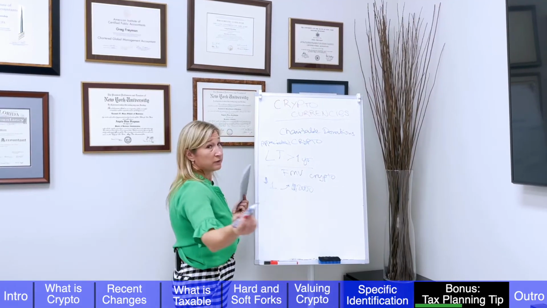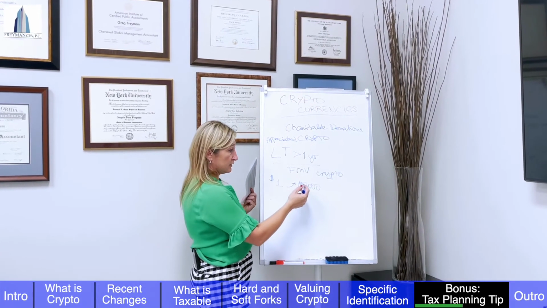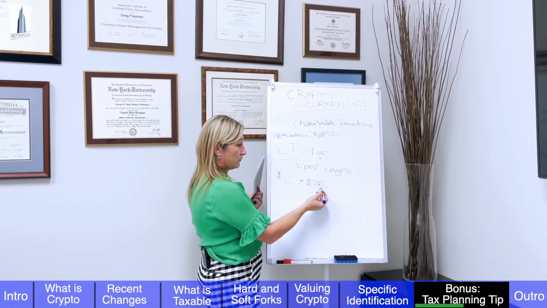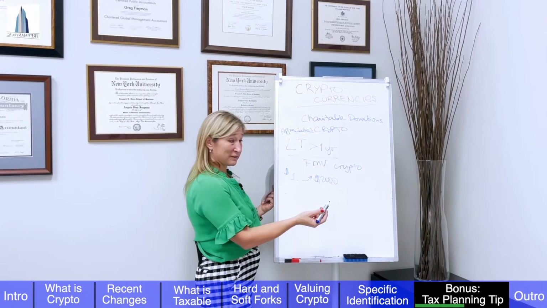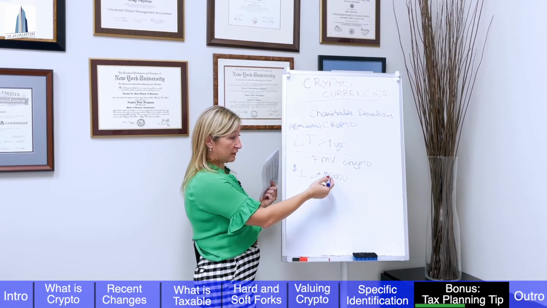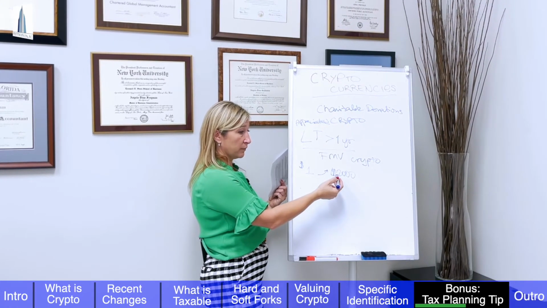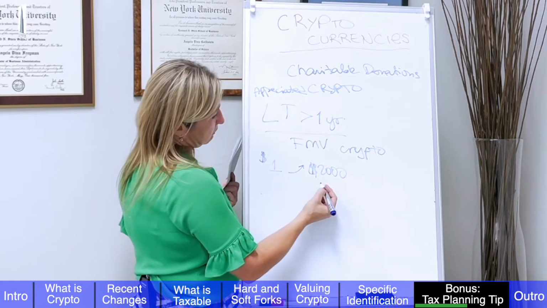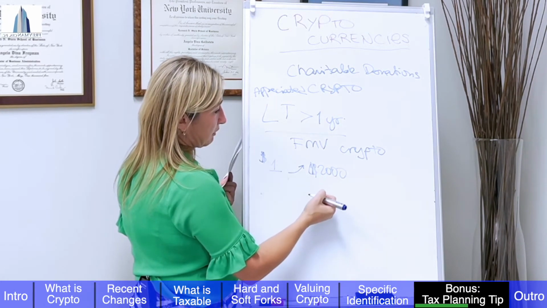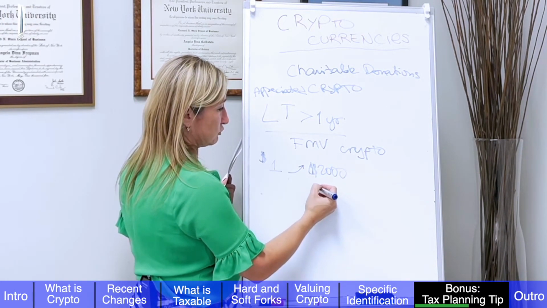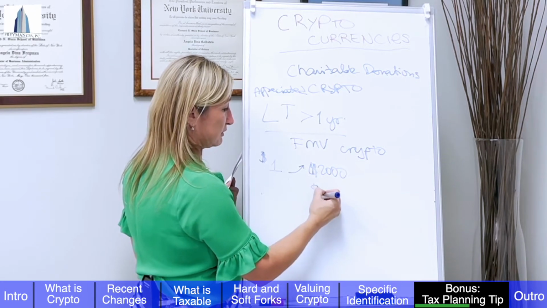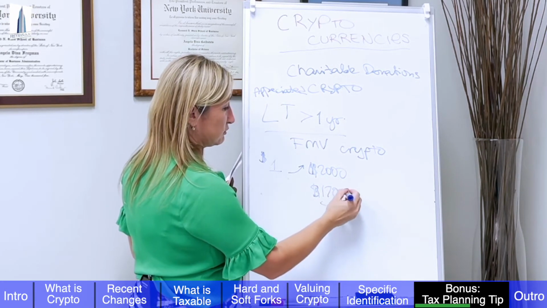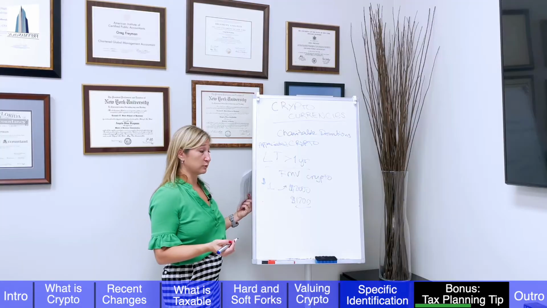Now, one thing you can do is sell it for $2,000, pay capital gains tax rates on this gain, and let's say, I'll be generous, you're left with $1,800 or $1,700, and you can donate the $1,700 to your charity of choice.